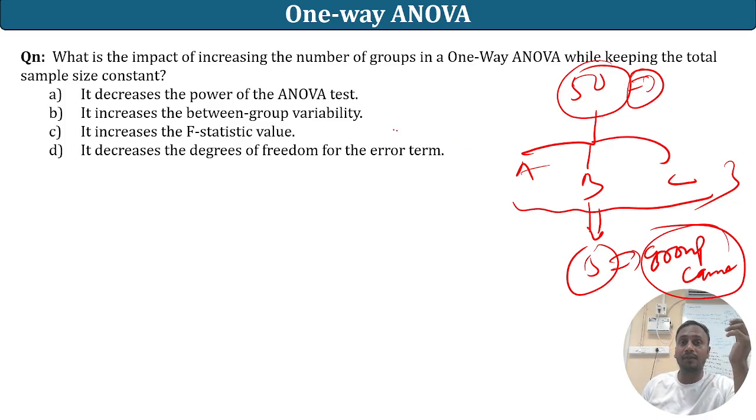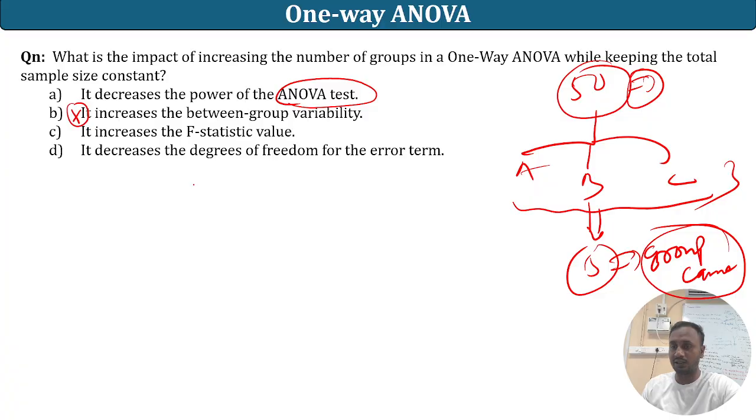It decreases the power of the test? It increases the between-group variability? No, because as the number of groups grows, the variability becomes less. It's not going to increase the variability. It increases the F statistic value? It does not depend on the number of groups.